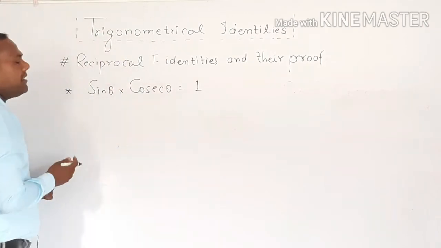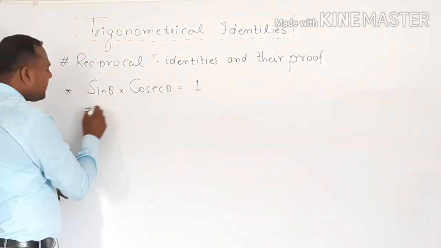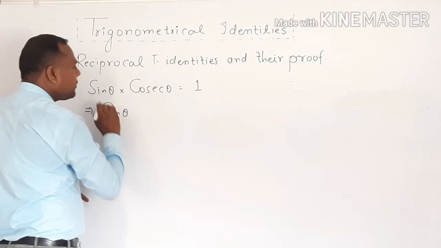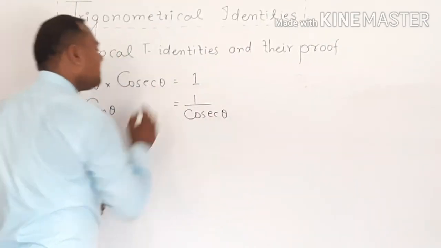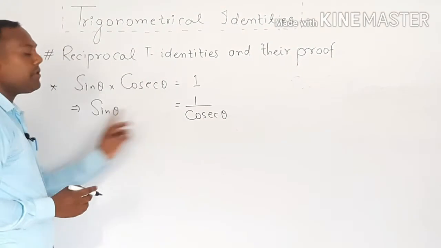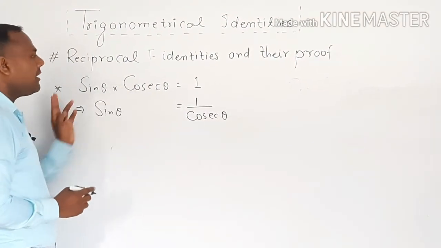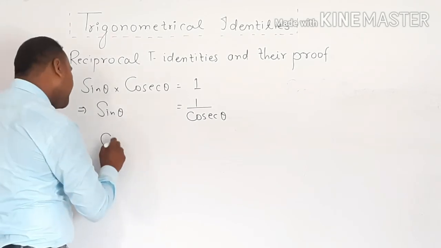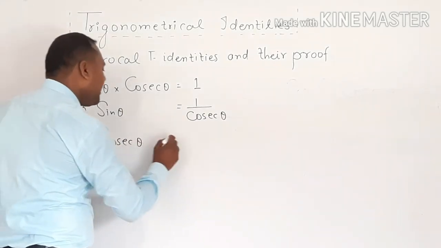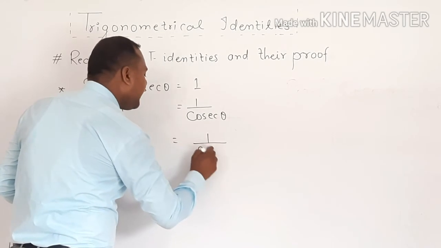So we can write sine of theta will be equal to 1 upon cosec of theta. This is the derived formula for these identities, and also we can write cosec of theta will be equal to 1 upon sine of theta.